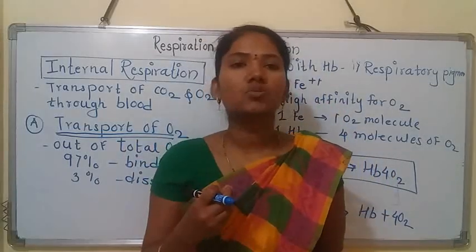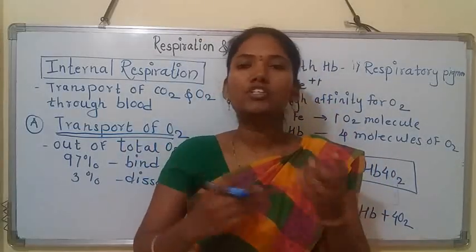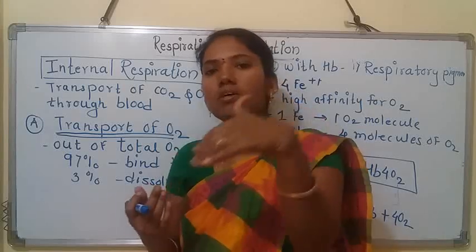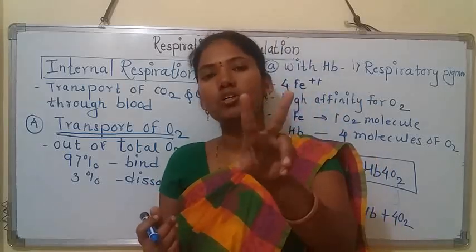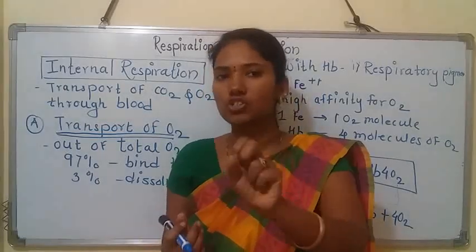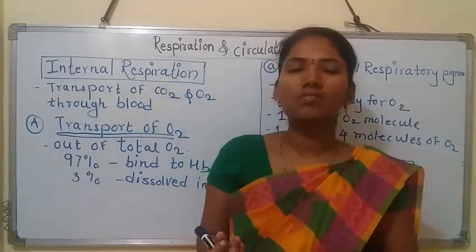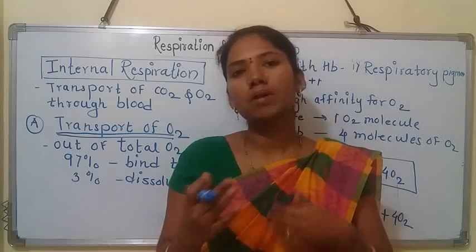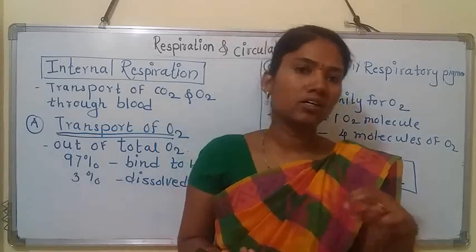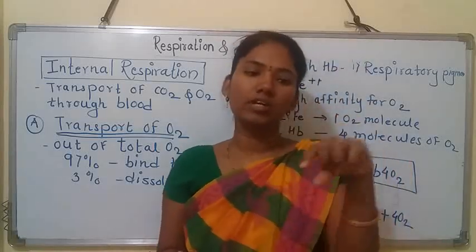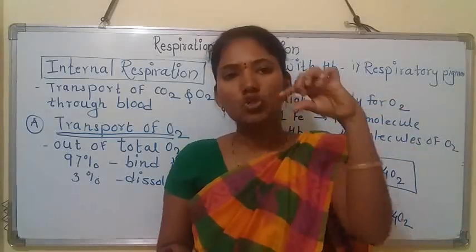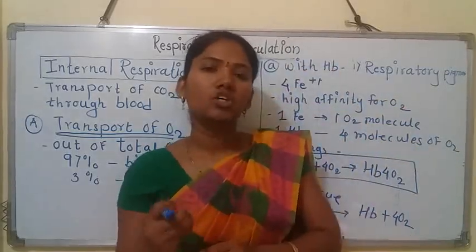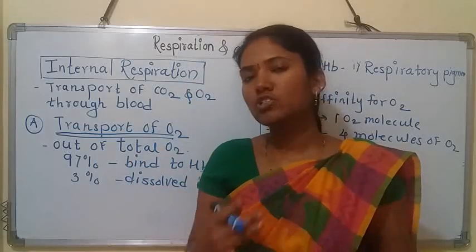In external respiration, we learned how exchange of gases takes place between alveoli and blood, and there are important points which affect the exchange of gases. The first is the thickness of the alveolar membrane and the blood capillary membrane. Both membranes together are called the respiratory membrane. So the thickness of the respiratory membrane is very important in the exchange of gas.